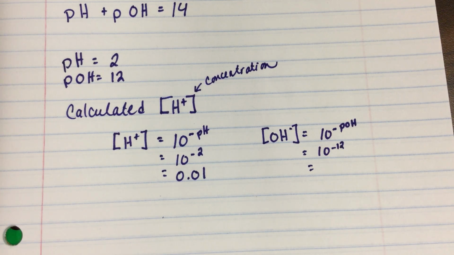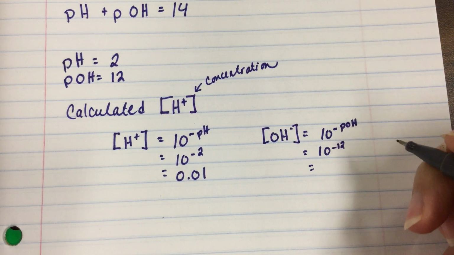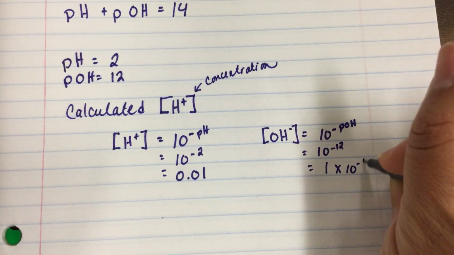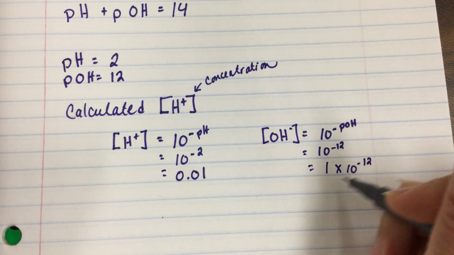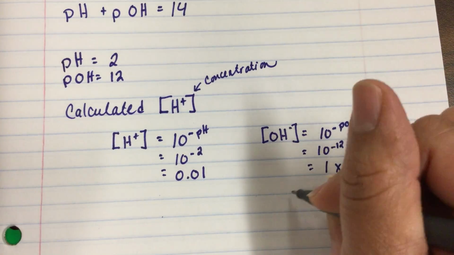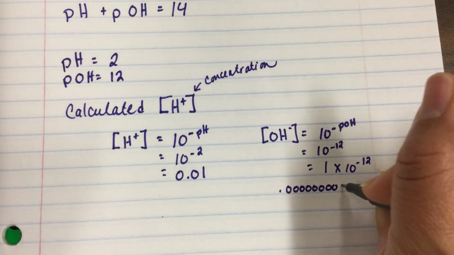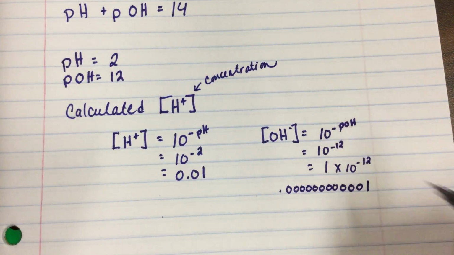Let's see what I get. My calculator's kind of small, so it doesn't want to do this. So I get 1 times 10 to the negative 12. If I wanted to count this out, that's going to be a lot of zeros. I think it's going to be 11 zeros. 1, 2, 3, 4, 5, 6, 9, 10, 11. That's what it's going to equal.